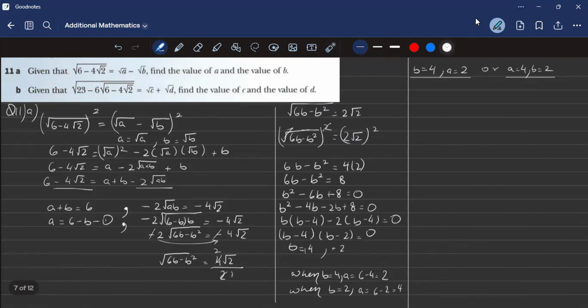If we use 6 minus 4 under root 2, let me just use it this way. I've got √2 minus √4 in the first equation, and for the second one I have √4 minus √2, which would also be equal to 2 minus √2.